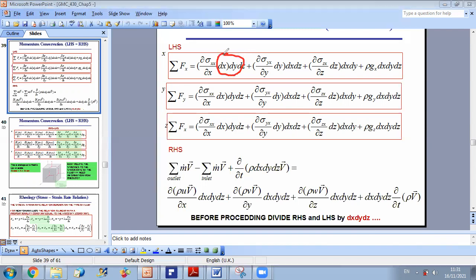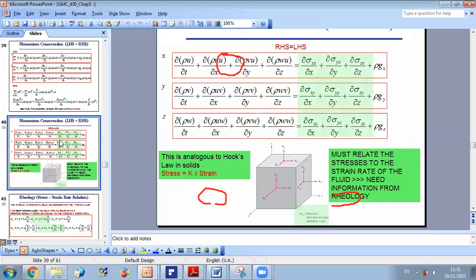This is a common term for all equations. So because it's common, when I plug into the equation, I can simplify this term. So before proceeding, we'll divide the two sides by dx, dy, dz to simplify the equation. And we will end up with the following relations.